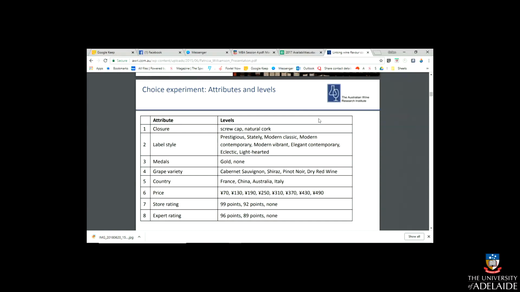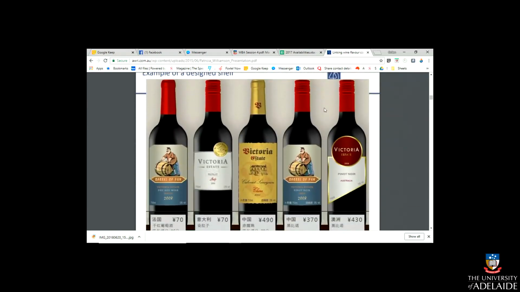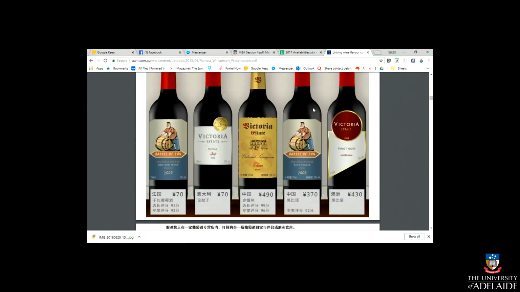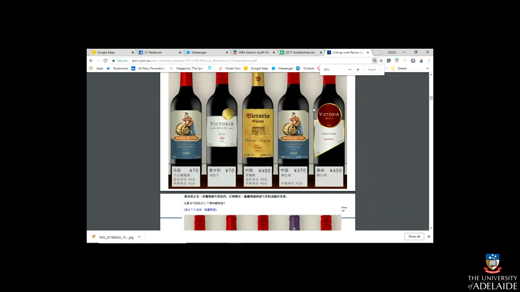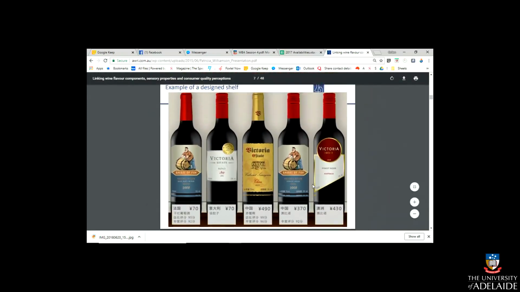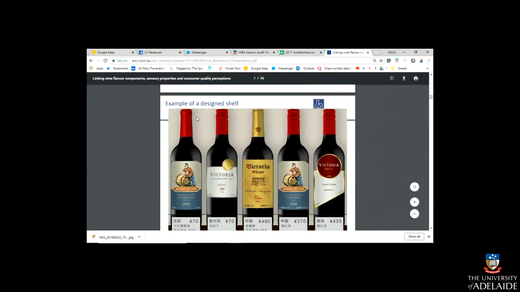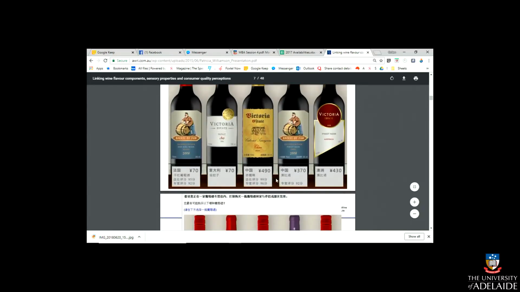And so in the shelf experiment, they run people through repeated choice where they manipulate this type of thing. You can see cork closure, screw cap closure, stately versus cartoon type label versus classic style French, and price tiers and all of that.